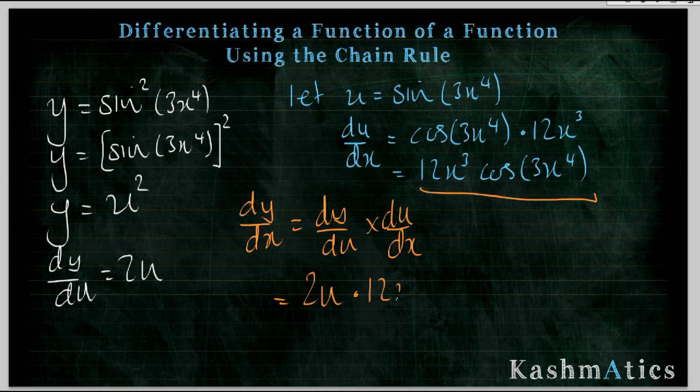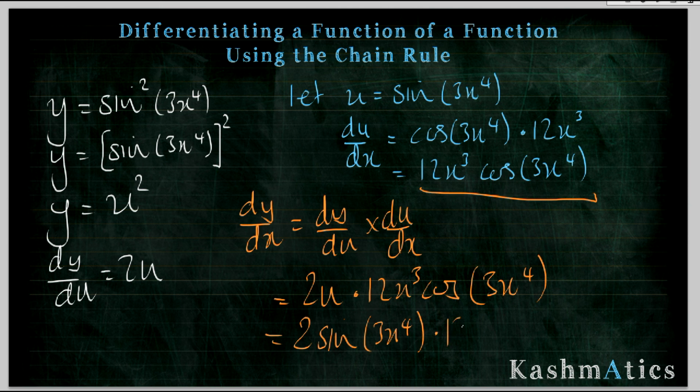So 12x cubed cos 3x to the power 4, but u is equal to sine 3x to the power 4, so it'll be 2 sine 3x to the power 4 multiplied by 12x cubed cos 3x to the power 4, and you could tidy that up if you needed to. So I'd probably write it as 24x cubed sine 3x to the power 4 cos 3x to the power 4, and there's even an identity you could use to tidy that up as well. But for now, I'm not going to bother with that because that's something for another lesson.